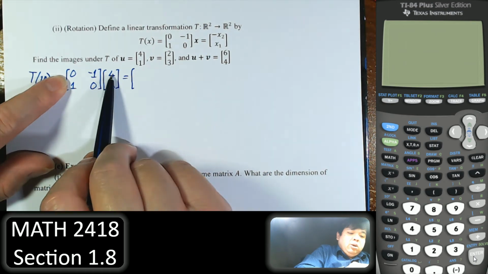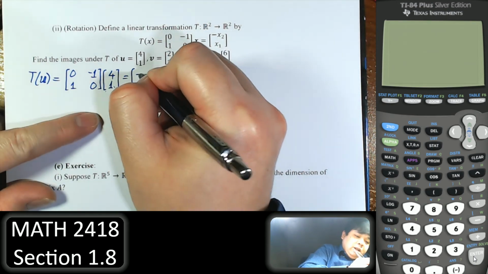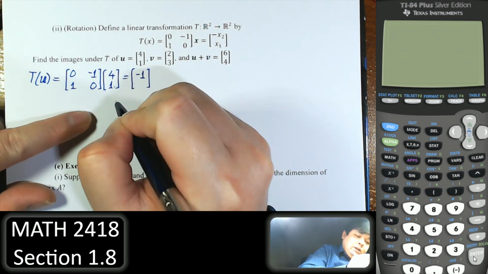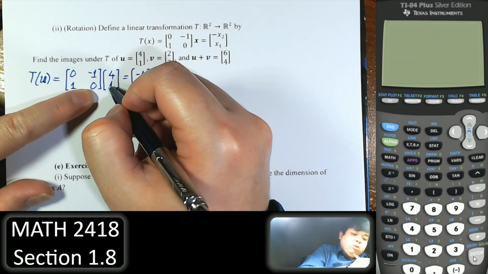So 0 times 4, 0, plus negative 1 times 1, negative 1, and then 1 times 4 plus 0 times 1.